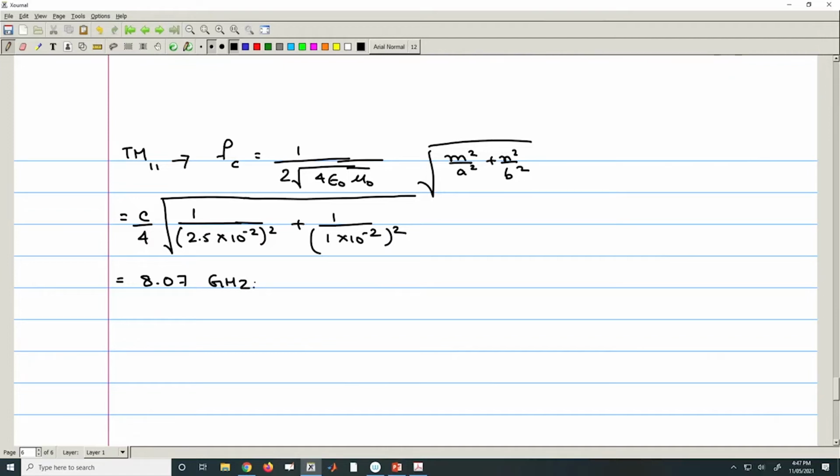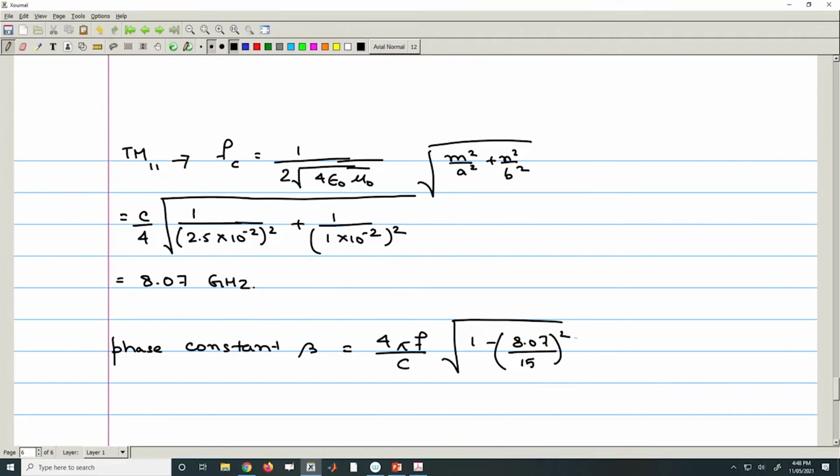Okay. Now, phase constant beta, the same thing. Phase constant beta will be omega root mu epsilon, so we can write it as 4 pi f upon c, like the previous one, times root of 1 minus Fc by f square. In this case Fc is 8.07 and f is 15.